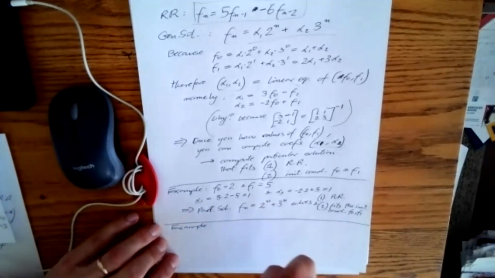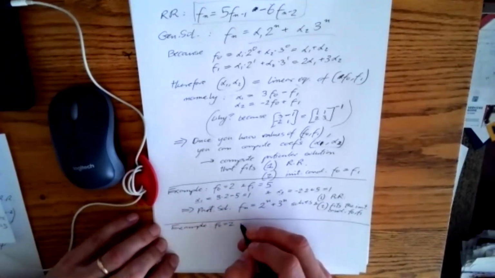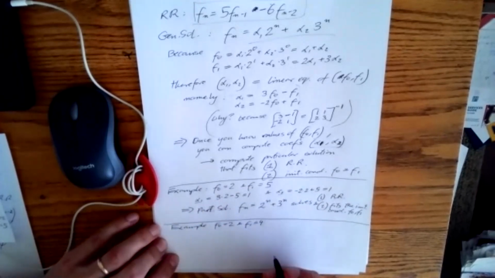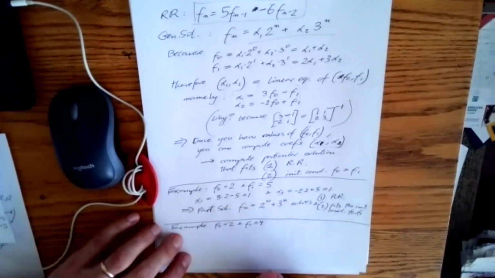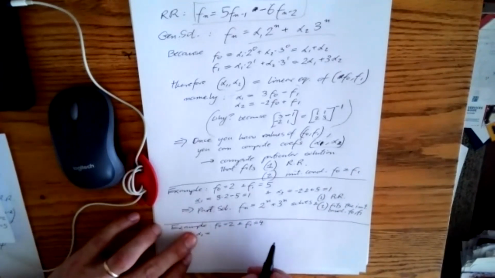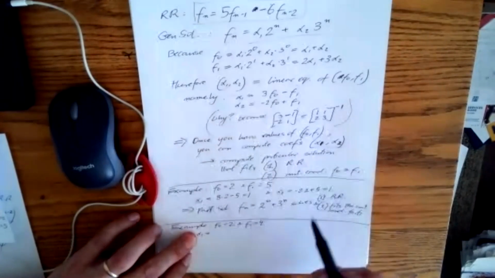Okay. Like so. Let's say that you change the initial conditions and F0 is 2. Let's just try something, right? Let's change the initial conditions slightly. We're not changing them by much. What would these coefficients be that fit? It's 3 F0 minus F1.